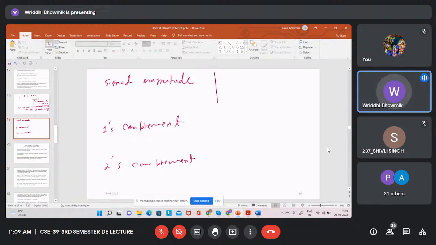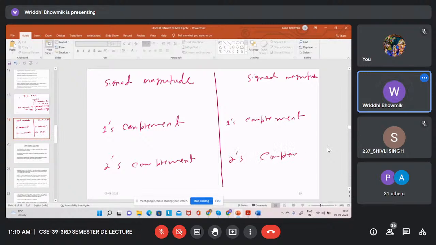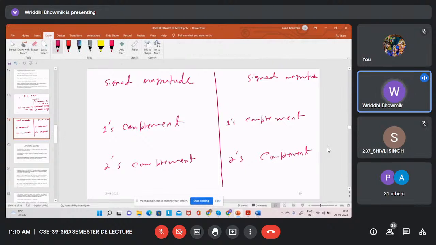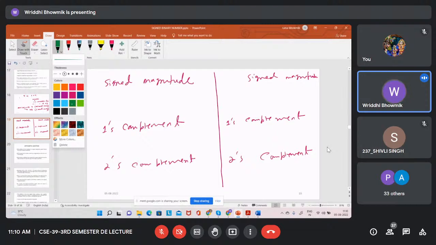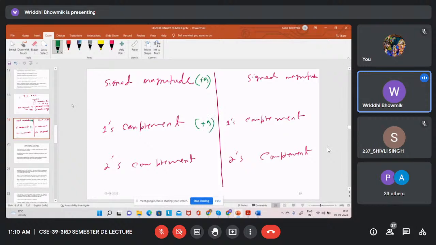Okay, same thing I will write here: signed magnitude, ones complement and twos complement. What I will do over here is show you how to represent a positive number and a negative number with these three techniques. Suppose we are going to represent plus 9 for signed magnitude, ones complement and twos complement.